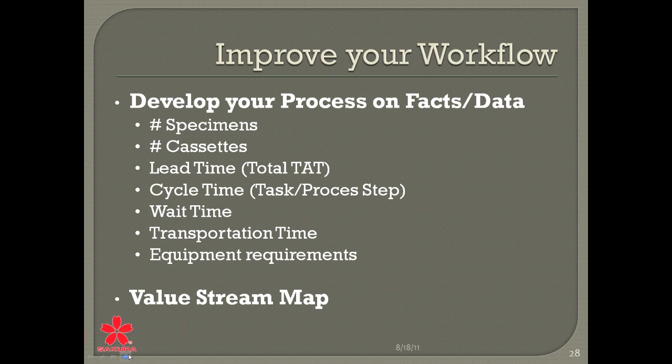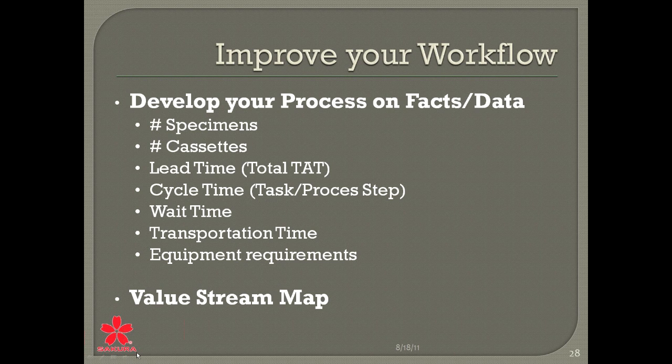And then we go to improve our workflow, and we always try to do it based on facts and data. So collect as much data as possible for your specimen, the amount of cassettes, your lead times, your total times, and map your process around.